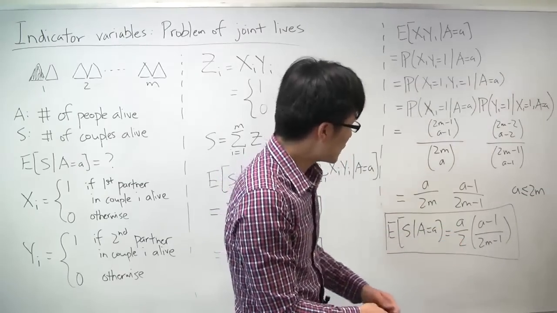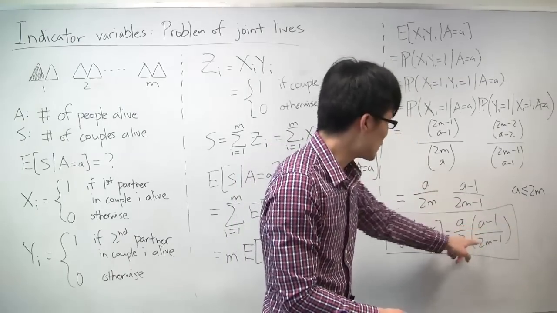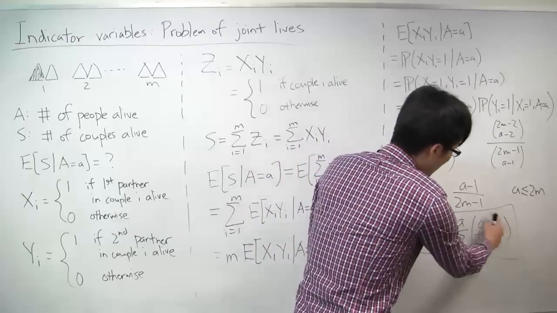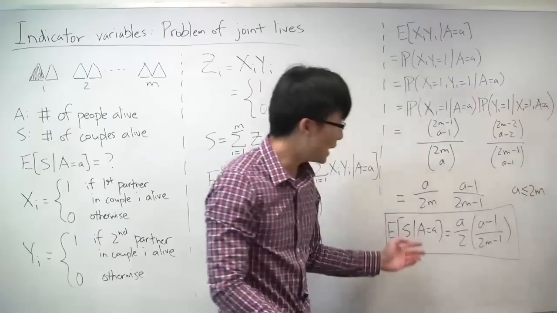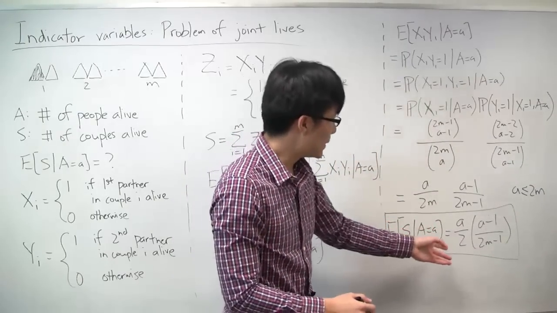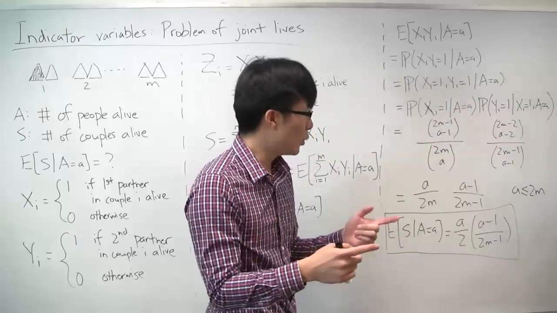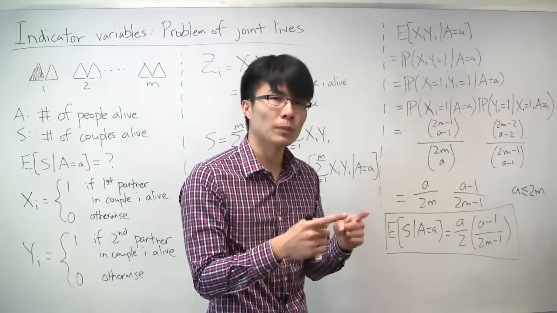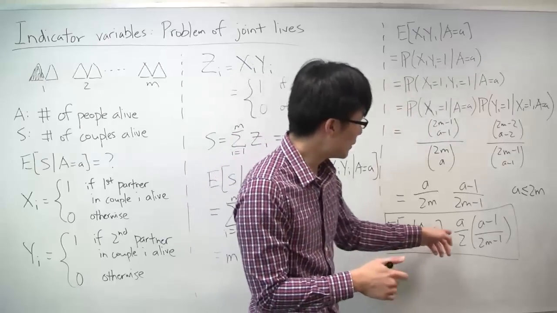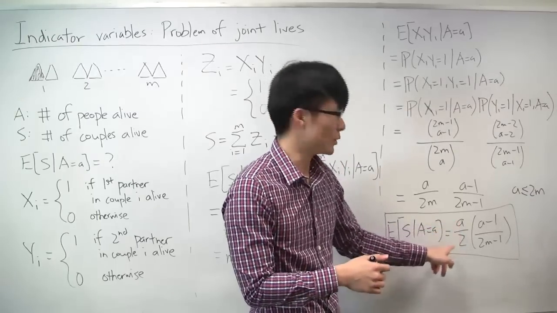And you notice that for a less than 2m, this expression is going to be less than a over 2, because this part is going to be less than 1. This verifies our original intuition that because not every person who is left alive will just happen to fall into the original couples, the number of couples who are still alive will actually be less than a over 2.